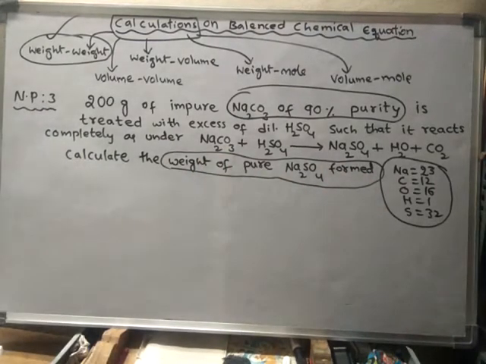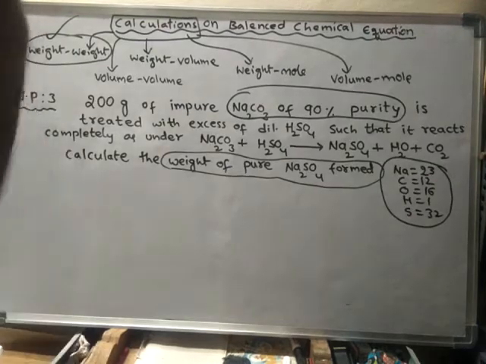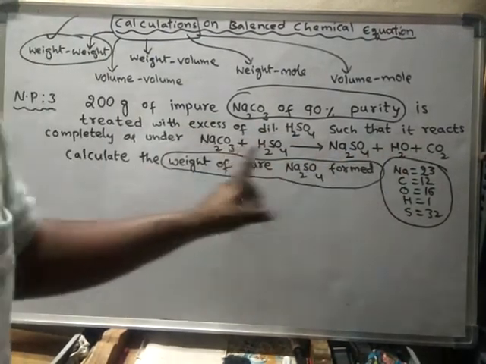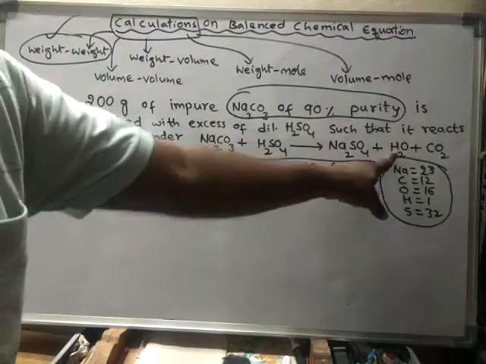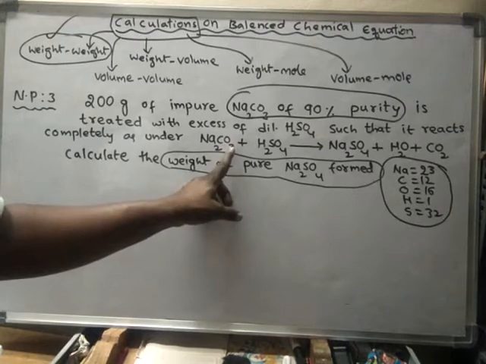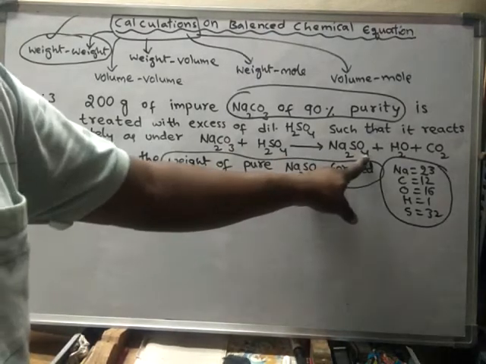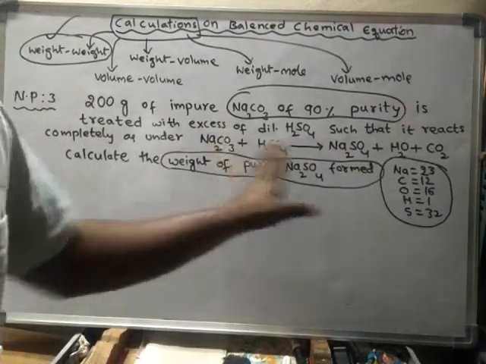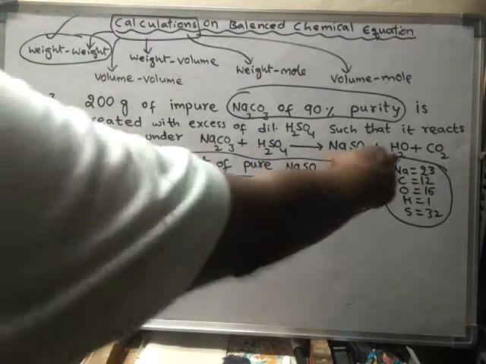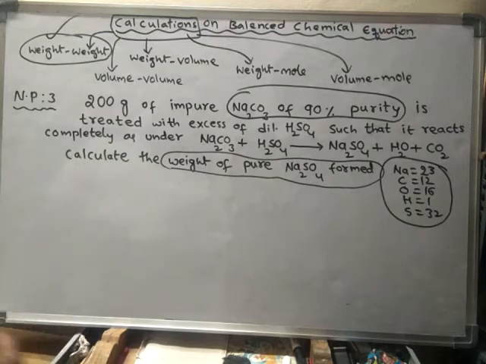Now check whether it is balanced or not. 2 sodiums, 1 carbon, 2 hydrogens, 1 sulfur, and oxygens: 3 plus 4, that is 7, and on the other side also 7. Okay, this is a balanced chemical equation. Based on this balanced chemical equation, we have to calculate.